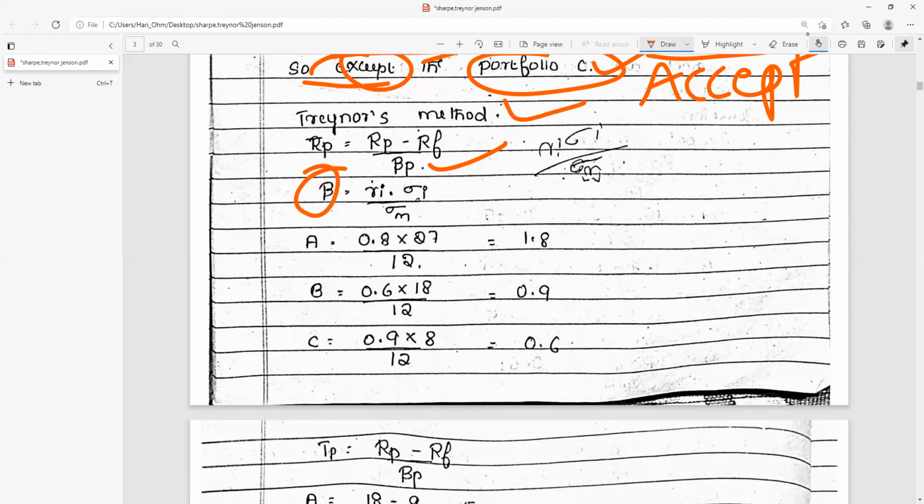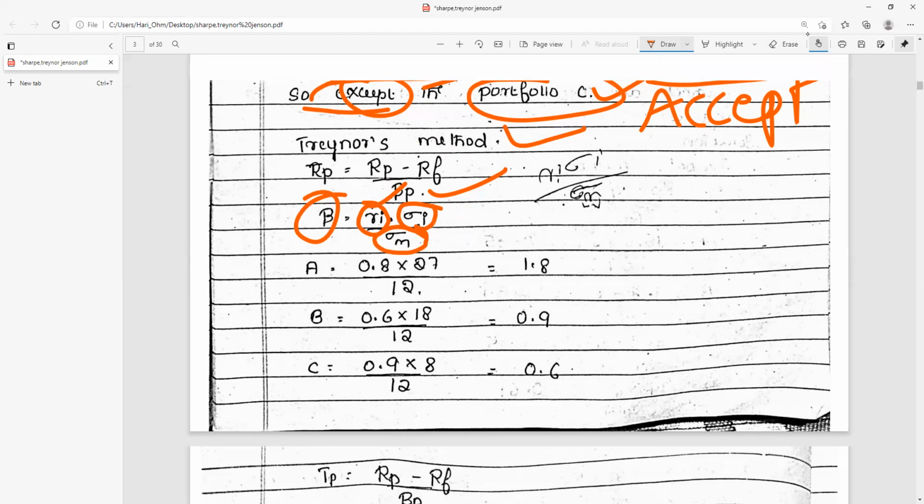To calculate beta, the formula is correlation coefficient, that is Ri, into standard deviation I, all divided by standard deviation M. Ri is nothing but the correlation coefficient.